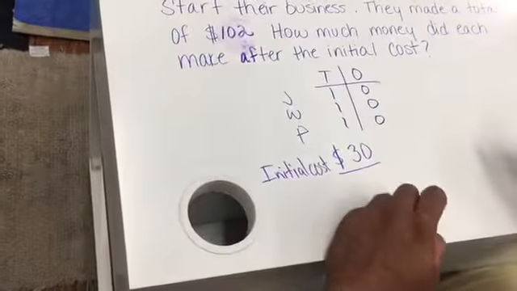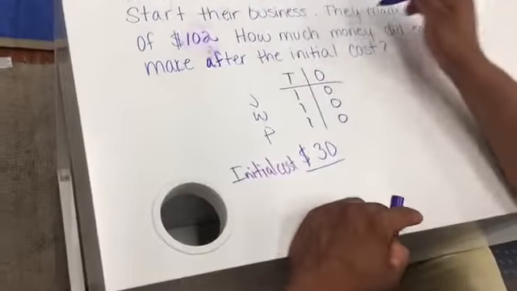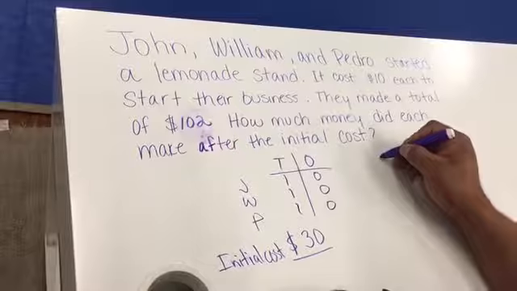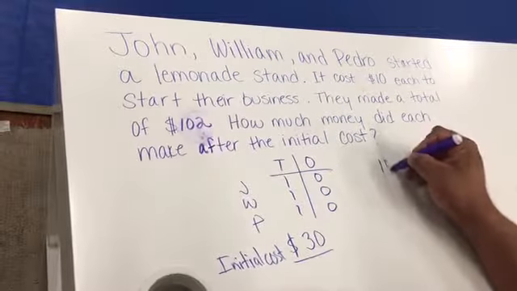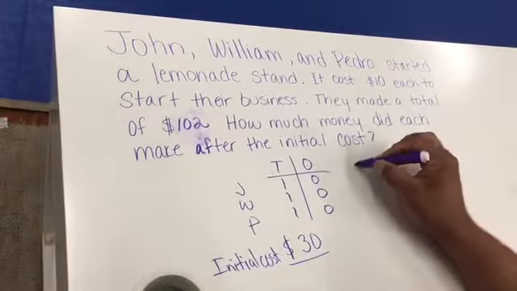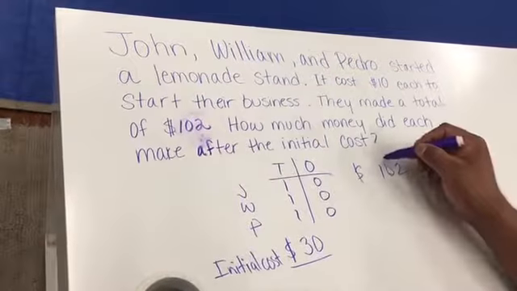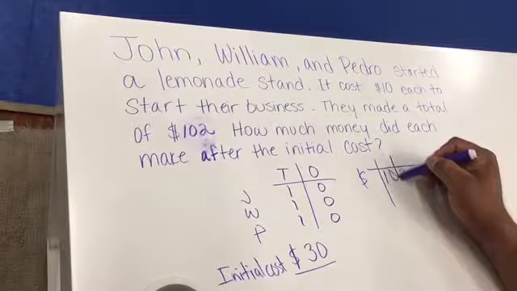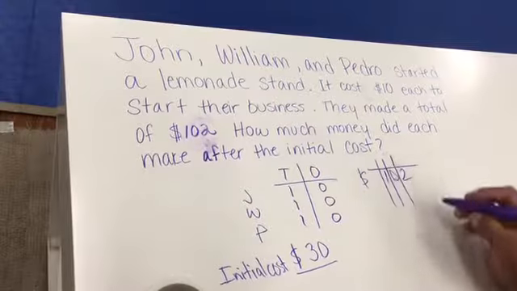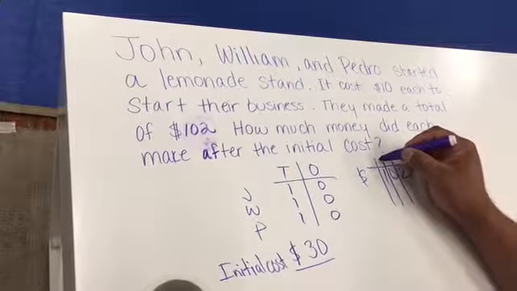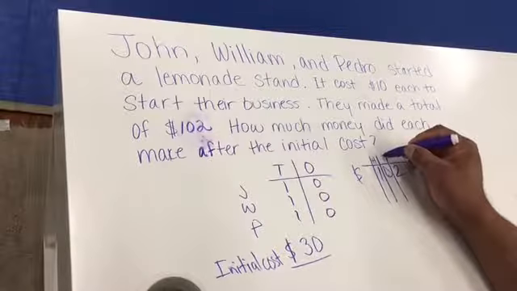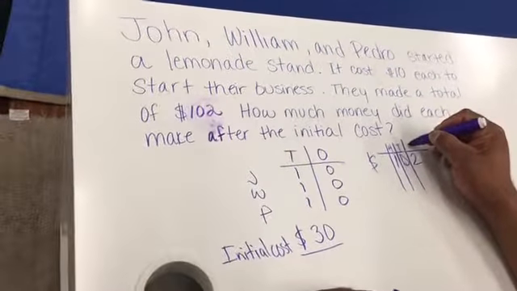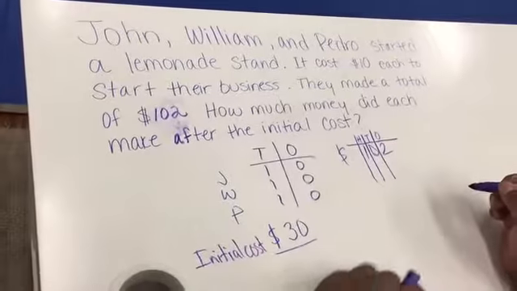We got that data. Now, they made a total of $102. Again, we're gonna use the same thing. This is the hundreds, this is the tens, and this is our single unit, or ones place.